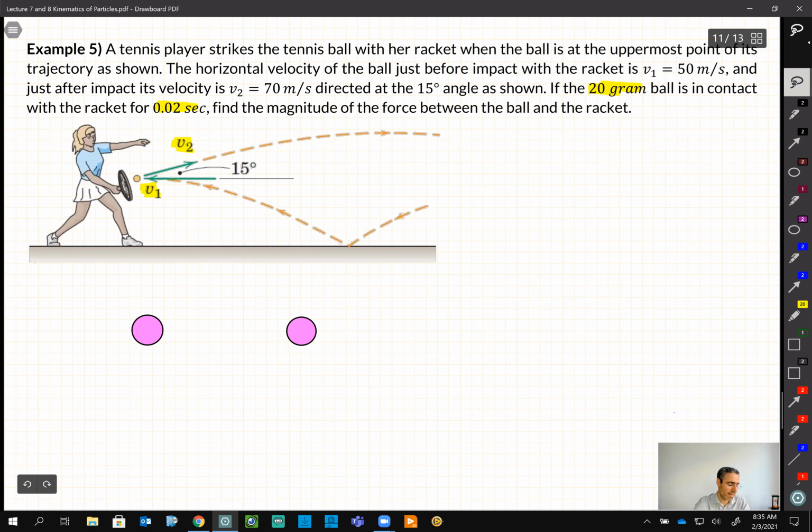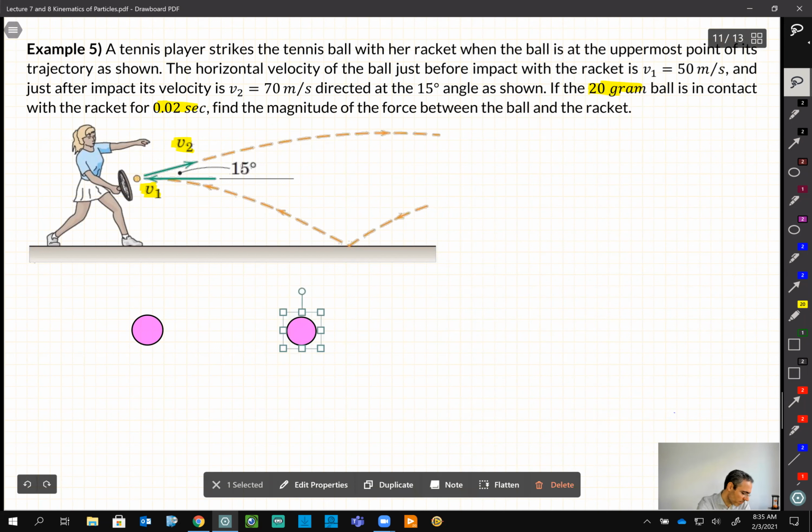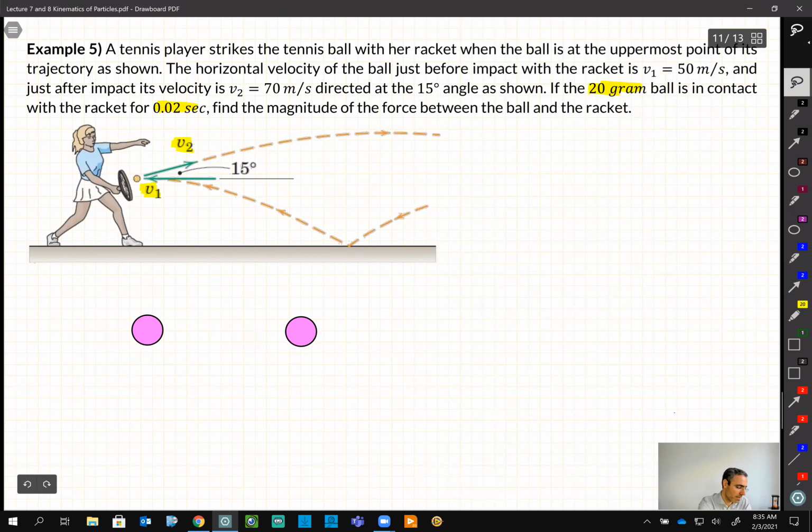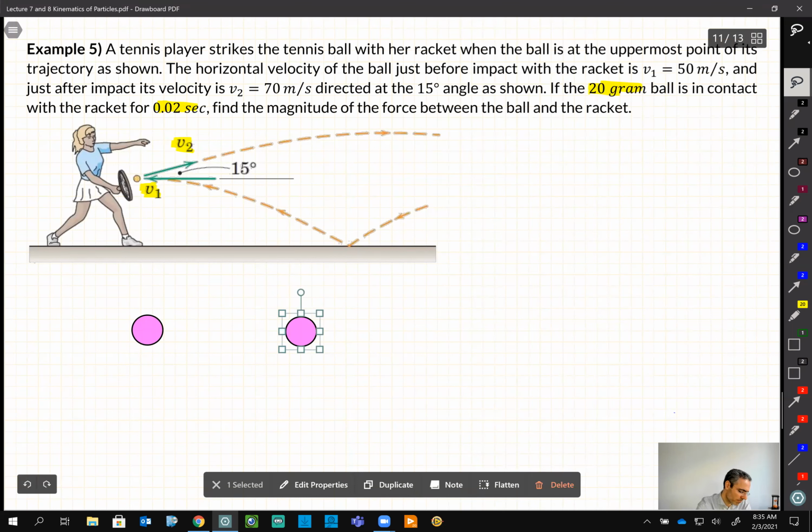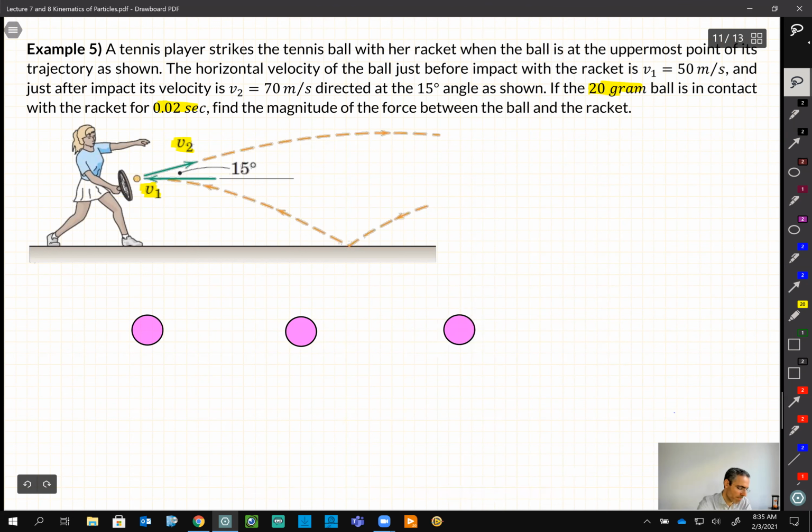And then after that, it bounced back. Let's say it comes here. And let's see what we have.